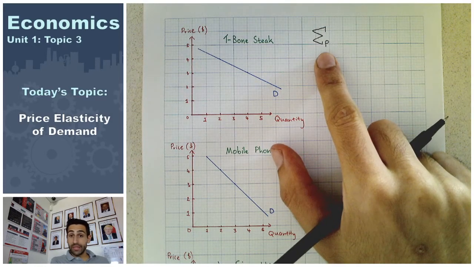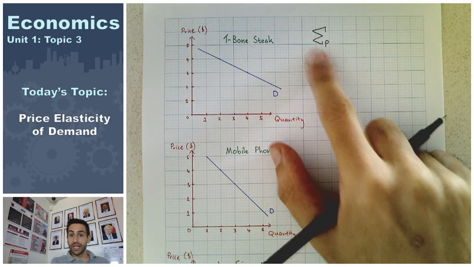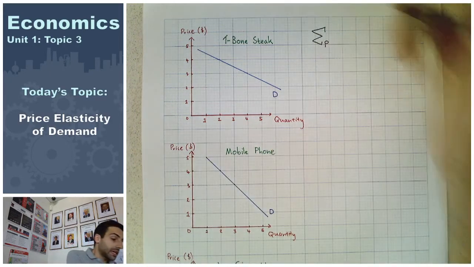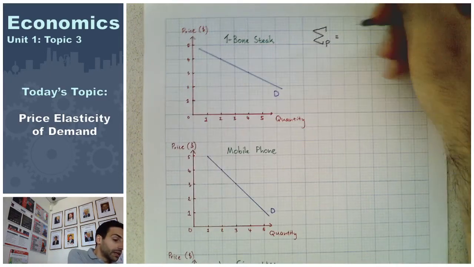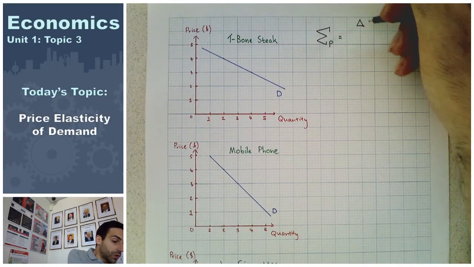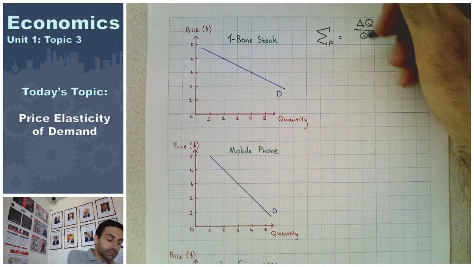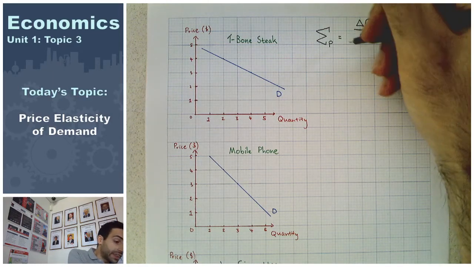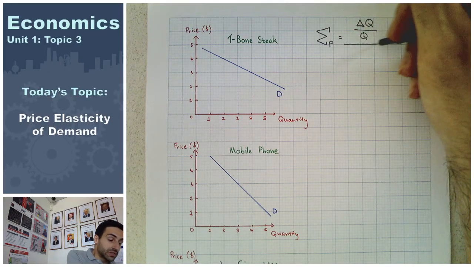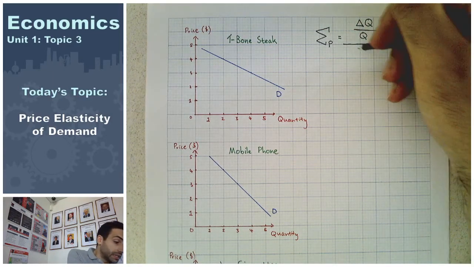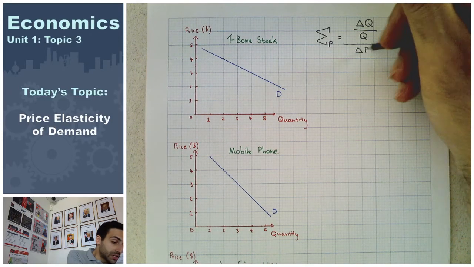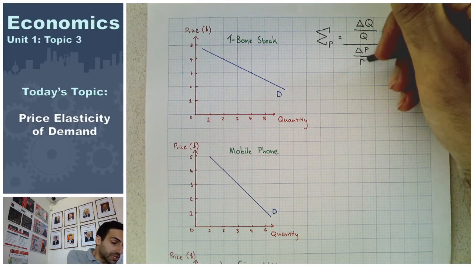Price elasticity, that's what that symbol I've copied down, is equal to the change in quantity divided by quantity, which is then divided by the change in price divided by the price.